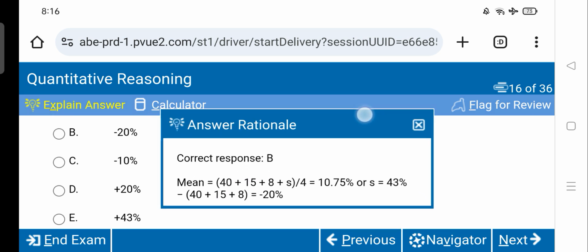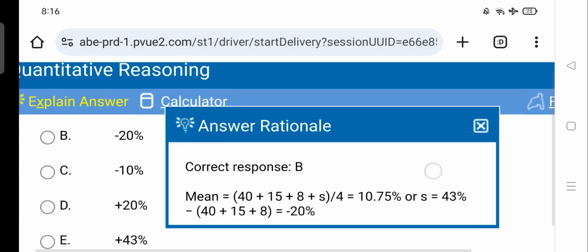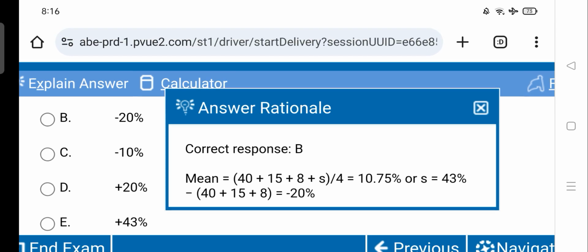So the correct response is option B, as mean equals 40 plus 15 plus 8 plus S divided by 4 equals 10.75%, or S equals 43% minus 40 plus 15 plus 8 equals minus 20%.